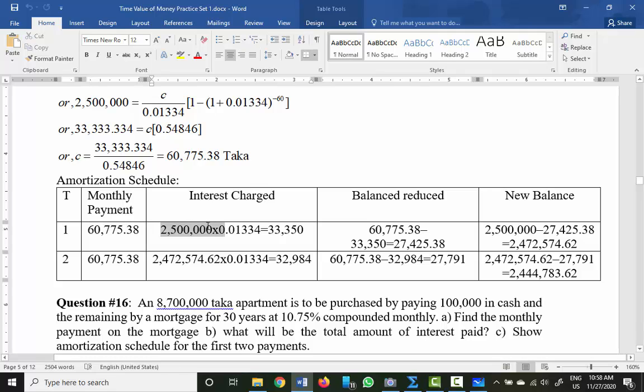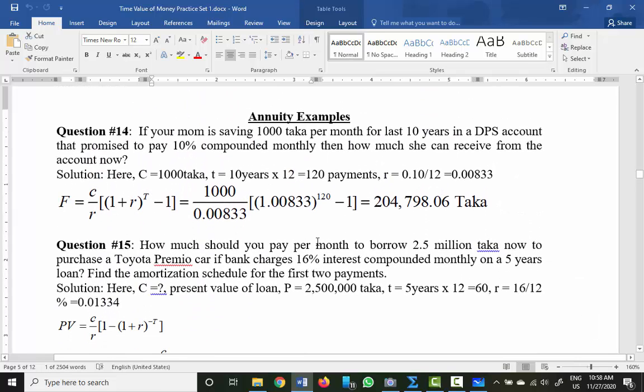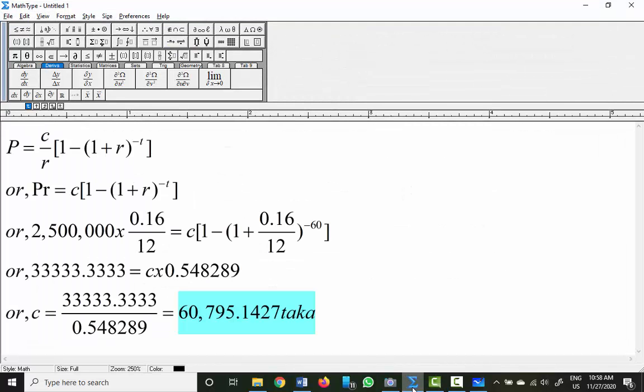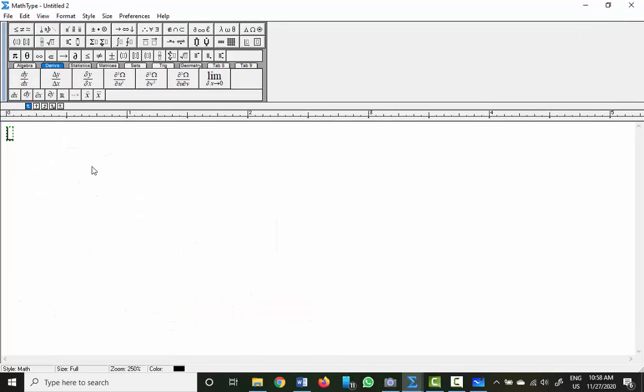So this is the amount you have borrowed, and this is the monthly interest amount. How? Because the annual interest rate is 16%, that means 0.16, and since the bank will calculate it on a monthly basis, they will divide it by 12, right?